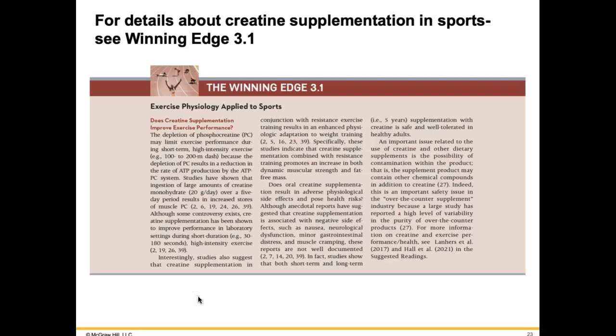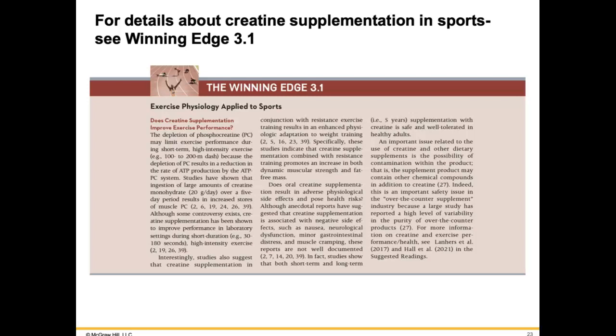So there was a little segment here on the winning edge when we talk about creatine supplementation, and this can help improve exercise performance. Studies showed that having about 20 grams a day of creatine monohydrate over 5 days increased stores in muscle.